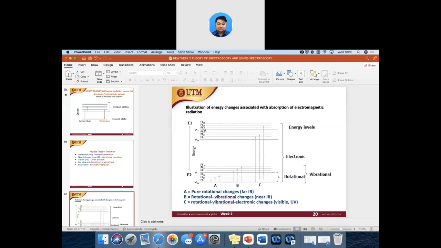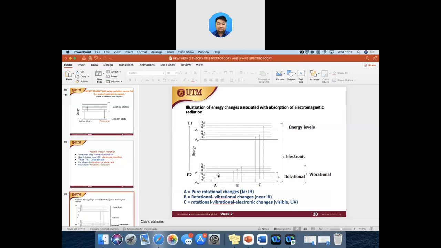But for infrared, it moves from one vibrational level to another vibrational level, which means that it is within the same electronic energy level.